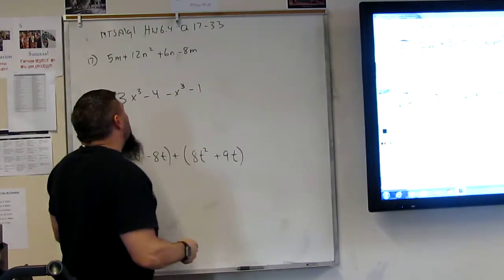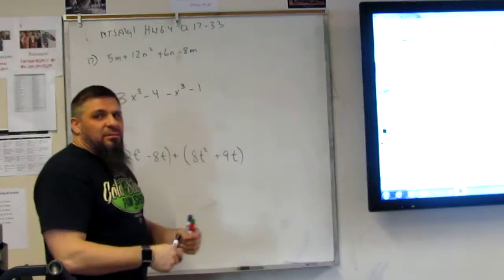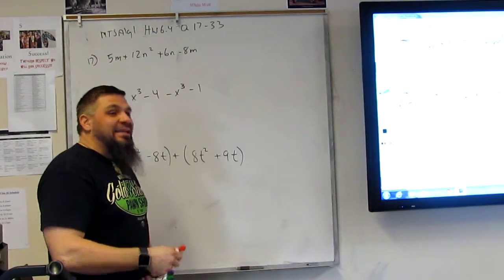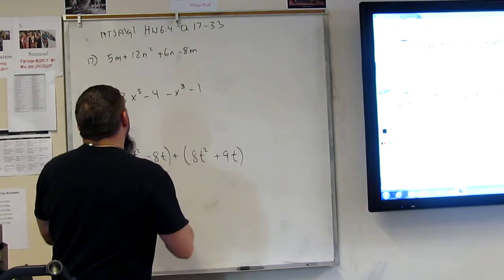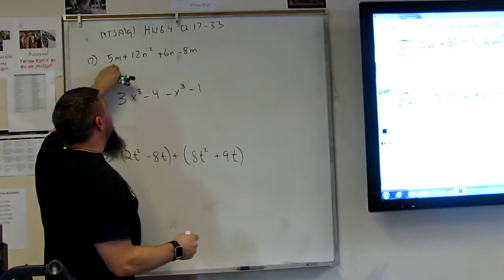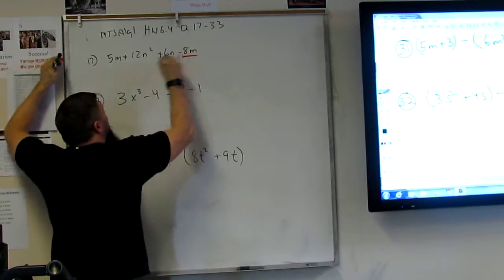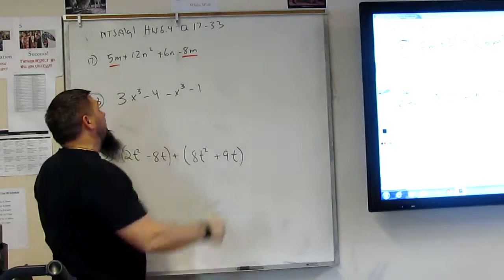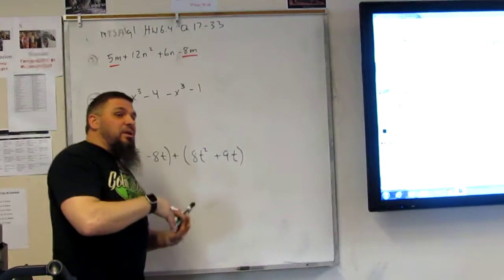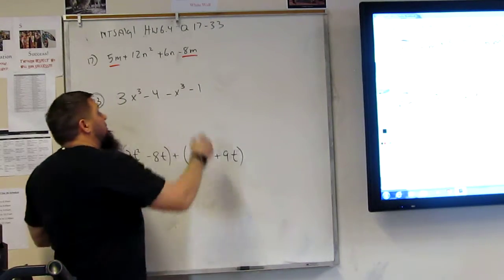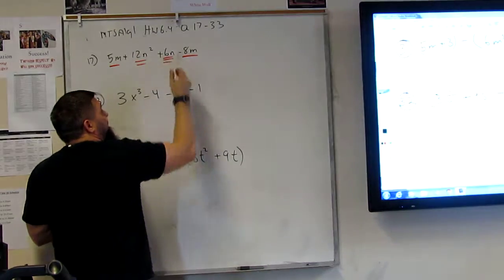Alright. So what we do with adding, we are just collecting like terms. I'm going to put the m's with the m's, the n's with the n's, but they can't be squared with non-squares, so these are actually two different ones.